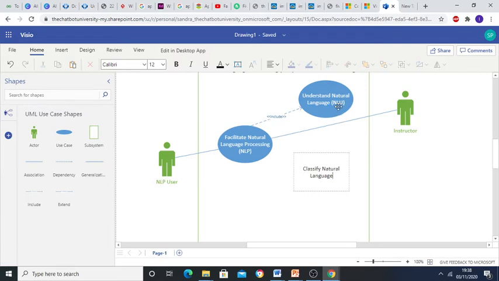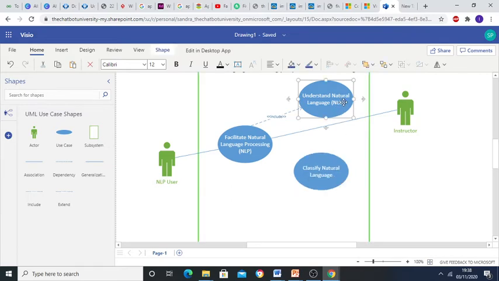This is supposed to be natural language understanding, but I did not like the phraseology. Remember, I said the protocol for naming use cases has to be verb first. That's why I changed that. This says classify natural language, which is good. It's also another includes line.